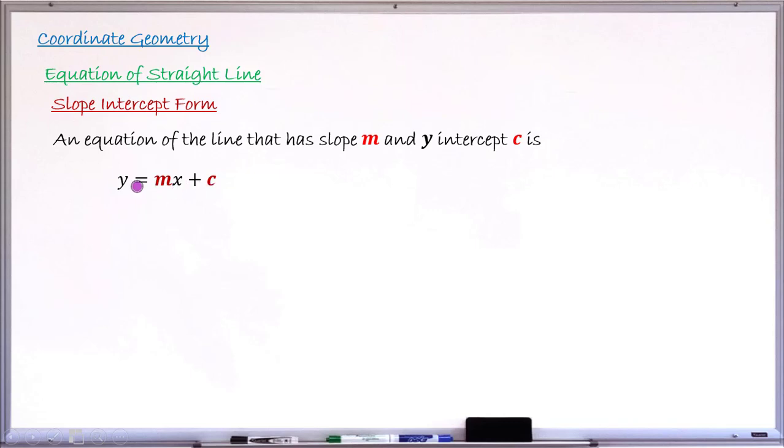This is the simple rule that we are going to use to write the equation of any straight line if its slope m is given and the intercept on the y-axis c is given. Just substitute in this formula y equals mx plus c. What you have in the end is the equation of that line. We're going to take examples of how we can make use of this simple formula and arrive at the equation of a straight line.